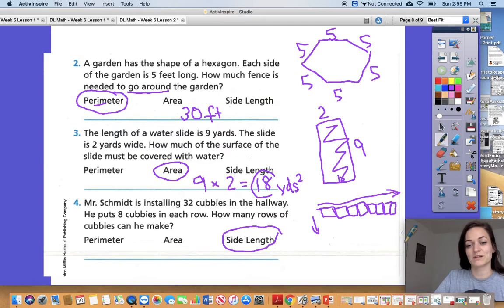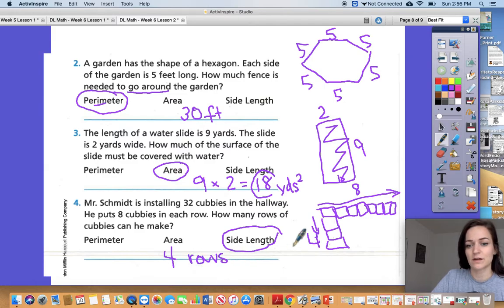If I do 24 plus another 8, how many do I have? 32. So he actually is going to do 4 cubbies going down. He has 8 across. We know that there's 32 squares in all, 32 little cubbies, and there's 4 going down. So for this one, it's 4 rows.